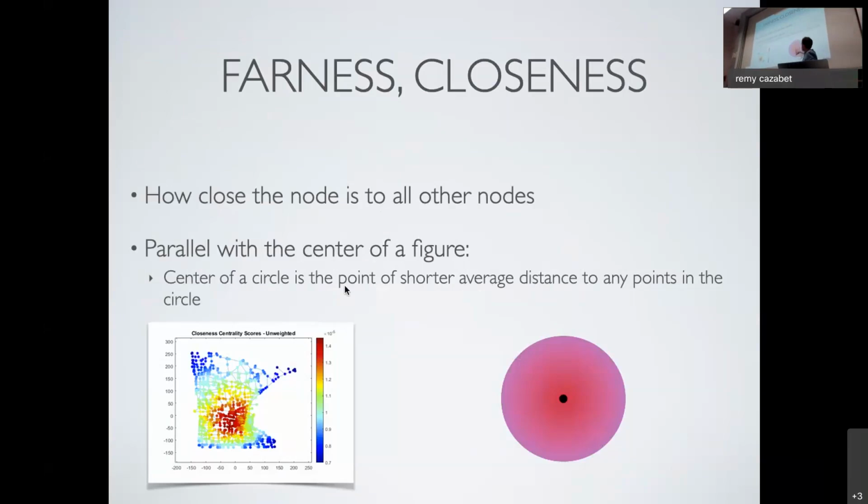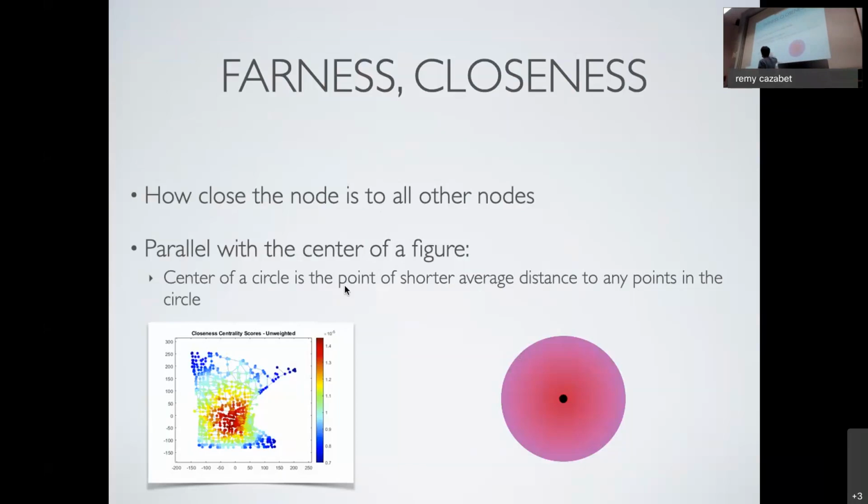You have your circle here, and this is the center. Its property is that it's the closest to all the points of the circle. If I look at a point which is here, it will be very close to this part of the circle, but it will be very far from this part, right? It's the diameter. But the center is at a distance at most r from any other point in the circle, so it's the closest to all the other points.